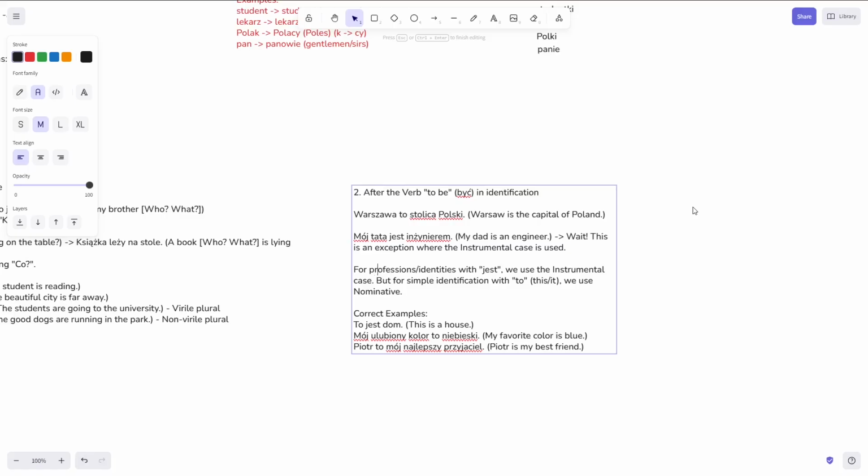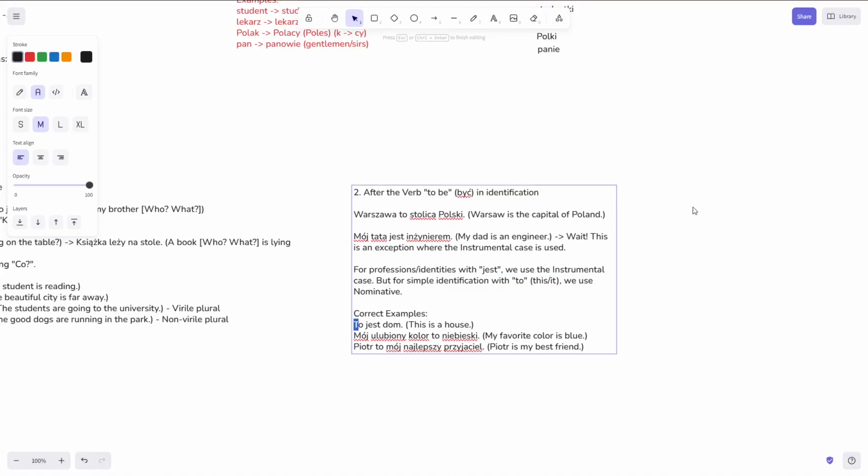So if you want to say that someone is in a particular profession or has some form of identity, for example, is from Poland, is American, is English, is Scottish, okay? Then we have to use the instrumental case here. In any other cases, for simple identification or saying this, that, we use the nominative case.